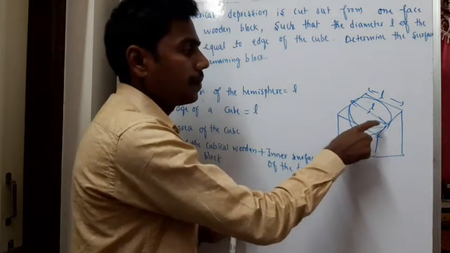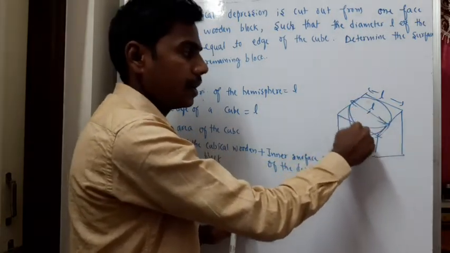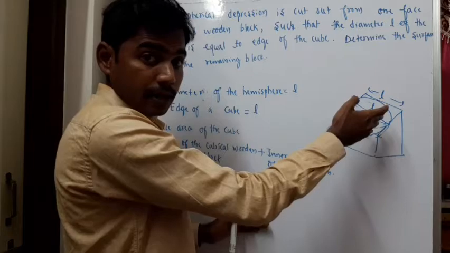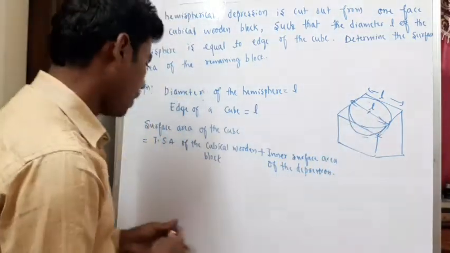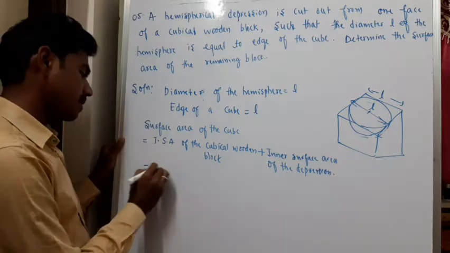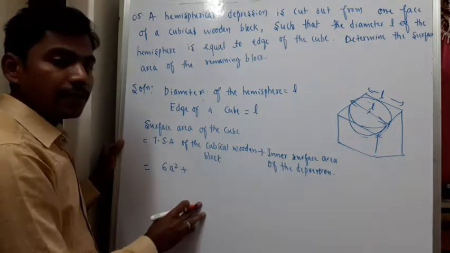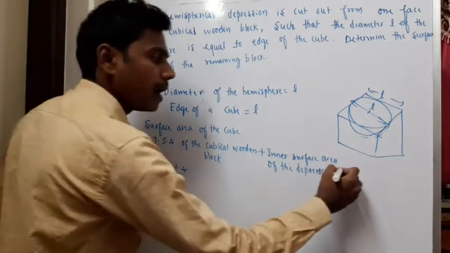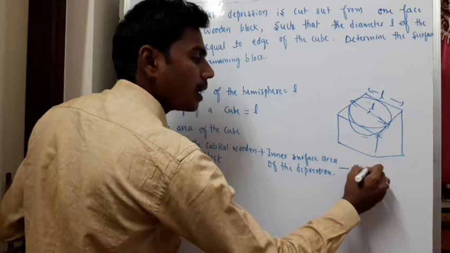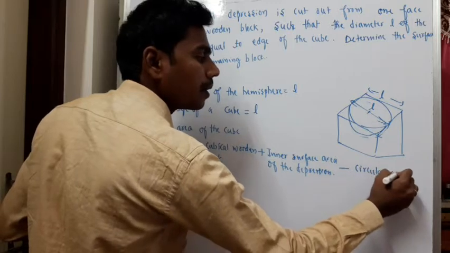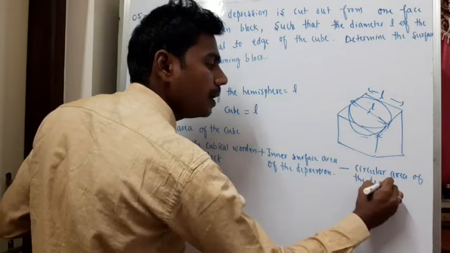After that, the area of this hemisphere will be equal to 2 pi r square, so that will apply. Okay, total surface area is 6a square, minus the circular area of the depression.